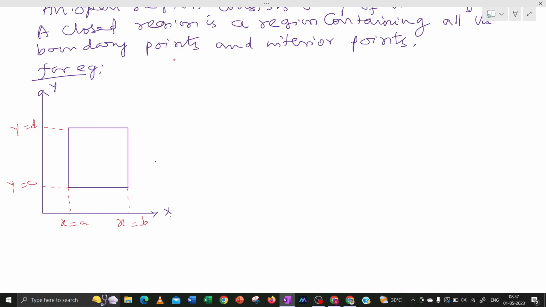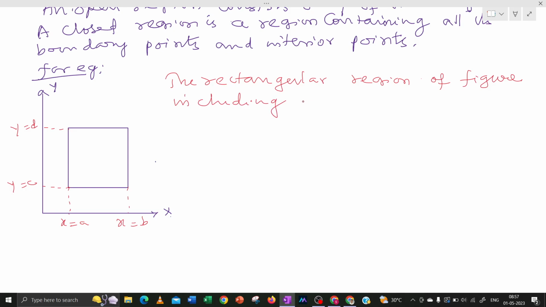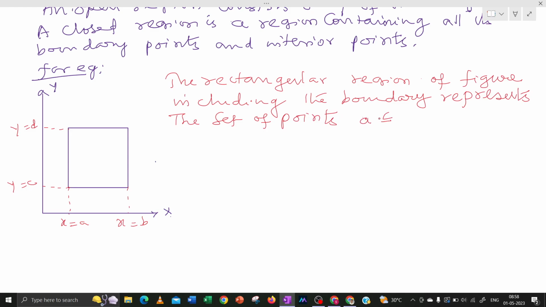So the rectangular region of the figure, including the boundary, represents the set of points a less than or equal to x less than or equal to b, and c less than or equal to y less than or equal to d.